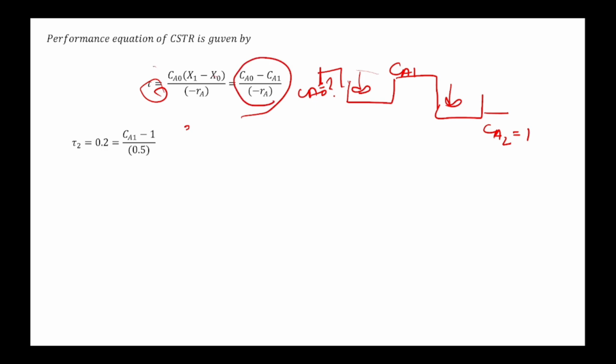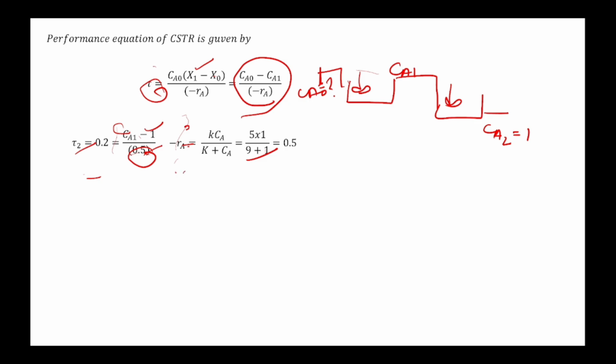If you just convert it in CA form from X, for the second reactor, tau 2 is 0.2, CA1 minus CA2, CA2 is 1, equals 0.5. Where did 0.5 come from? This comes from the given rate.